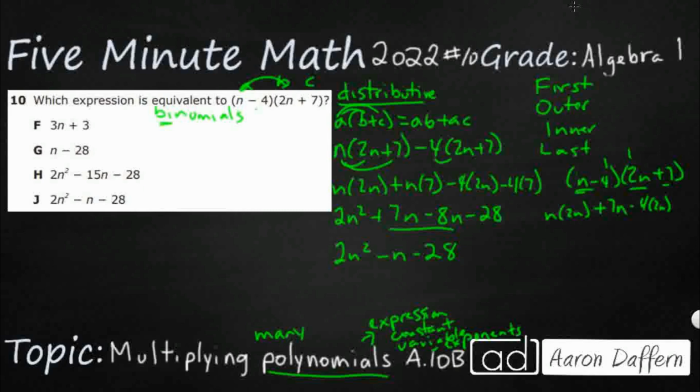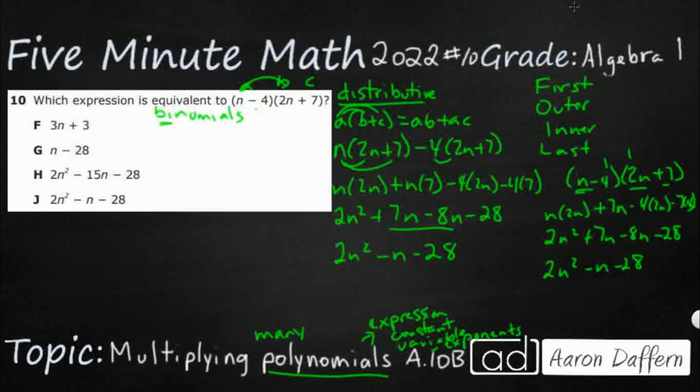Then our last terms, minus 4 and 7. We multiply this and get 2n squared plus 7n minus 8n minus 28. Look familiar? We've just been there. So 2n squared minus n minus 28. Same thing.